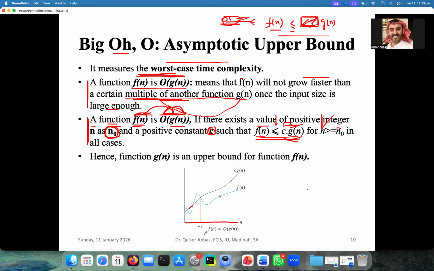It was a mix. But when you find this n0, after that g of n is always higher, and f of n is always less than or equal. Here it is equal and then lower, and the mathematical equation is holding. It is becoming true. When this is the situation, you can say that f of n is order of g of n. Function g of n is always an upper bound of this function.